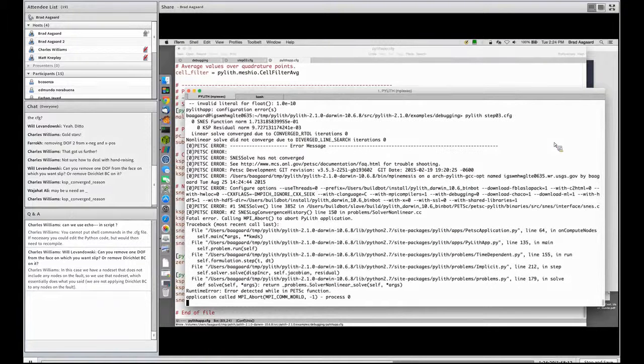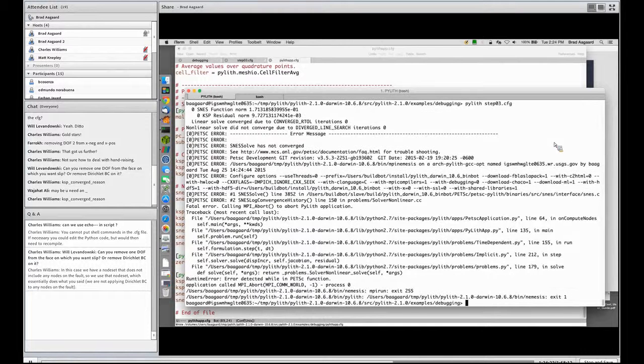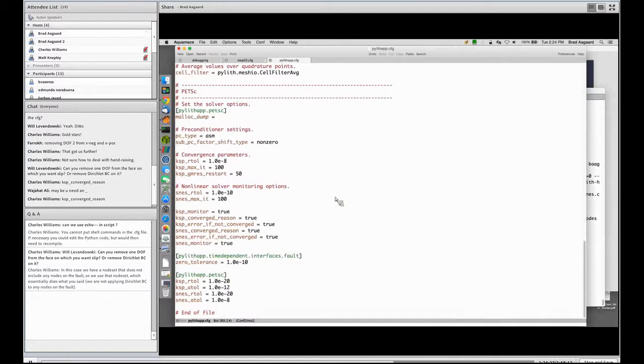Let's see what happened here. It could be that my cutting and pasting values had some font issues here. Let's see what happens now.